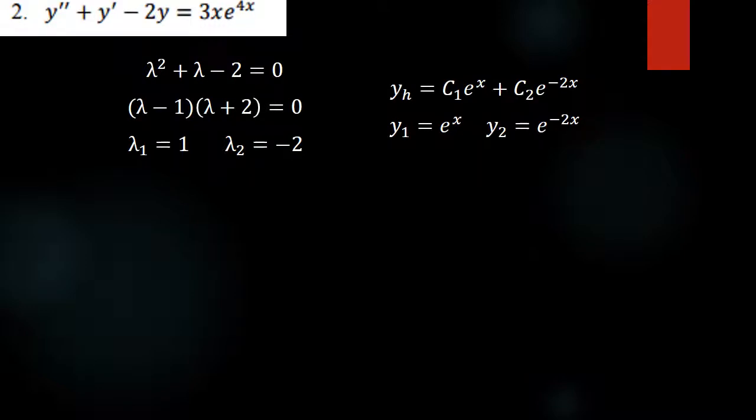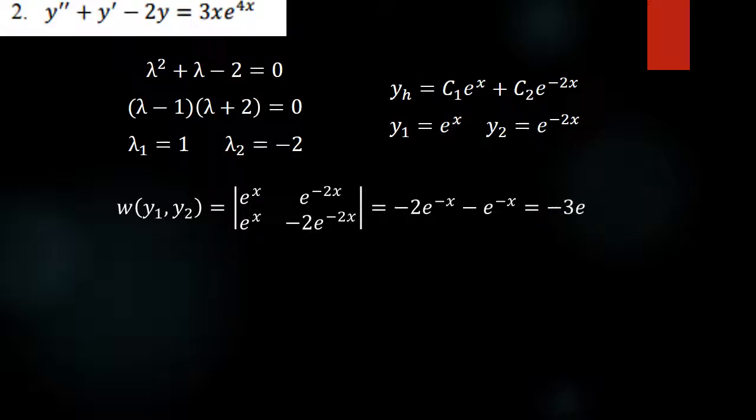Then we must obtain the value of the Wronskian. We will use this value in the next step. We make a matrix. In the first column we put y1 and its derivative, and in the second column we put y2 and its derivative.